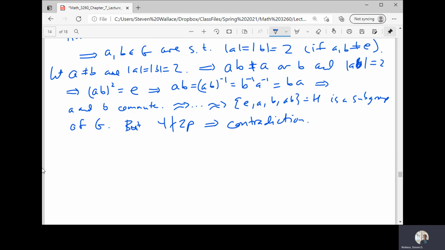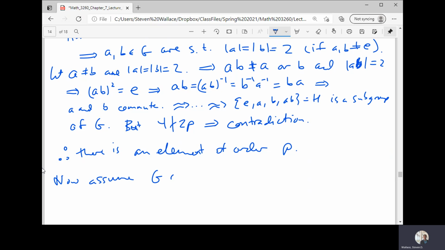This means there must be an element of order P. Okay, so now let's assume that G contains no elements of order 2. In other words, every element has order P.